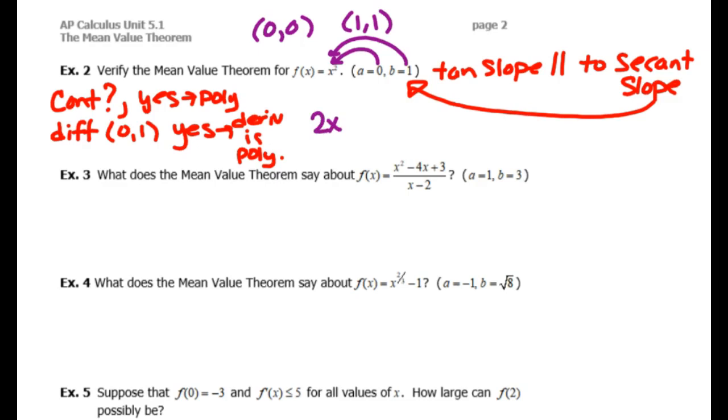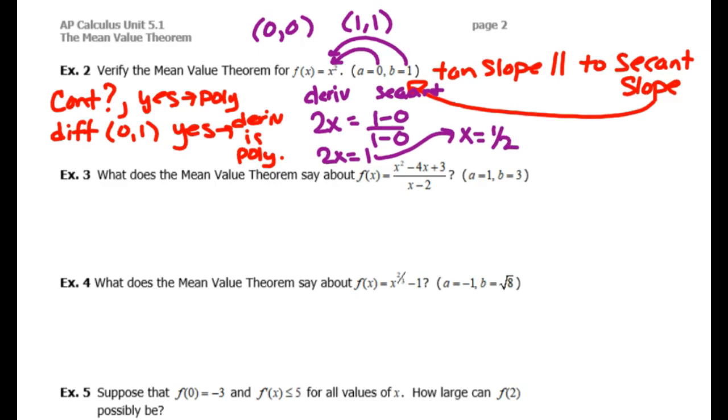So I take 2x, the derivative, and set it equal to my secant, which is 1 minus 0 over 1 minus 0. When does 2x equal 1? And that happens at x equals 1/2. X equals 1/2 is the value where the tangent and the secant have the same slope.